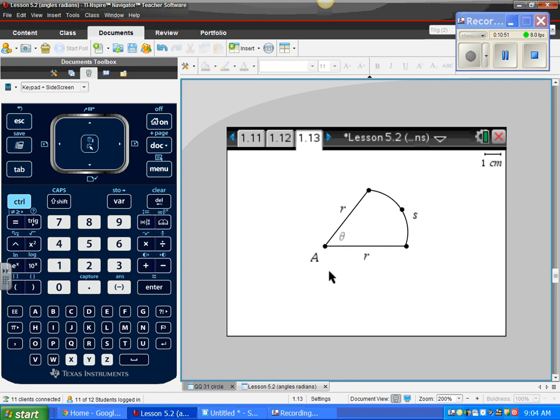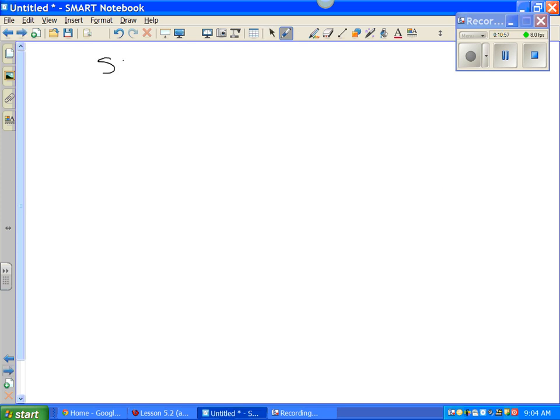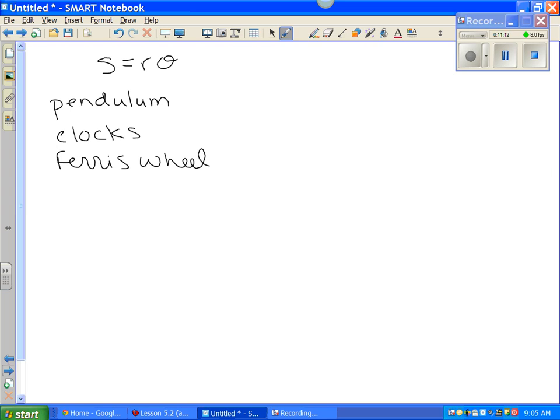They are almost always word problems, almost always, okay? So again, your formula, S equals r theta. So the types of problems you might see: pendulum, clocks, Ferris wheels. So these are all word problems. These are kind of key things that pop up.